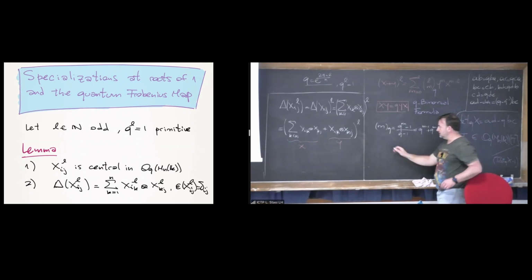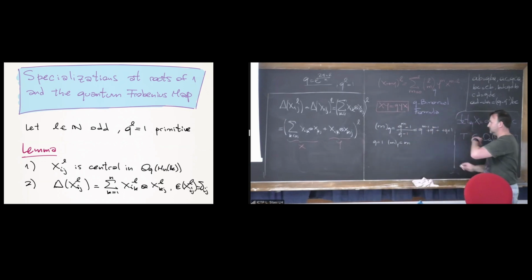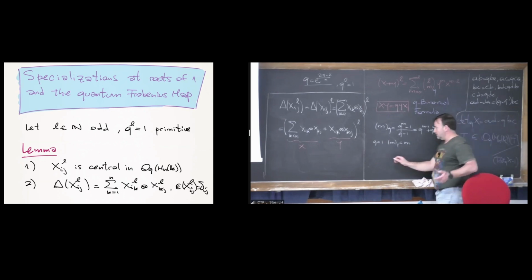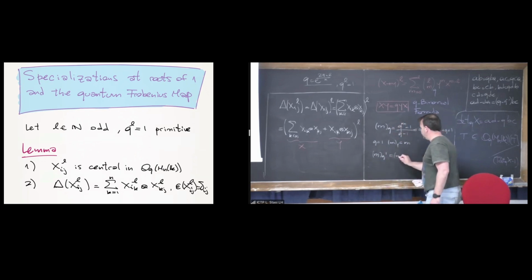So when you put Q equal to 1, the Q-number of m is just m, because we have m terms here. So we define the Q-factorial numbers, which are the Q-numbers as one may imagine.